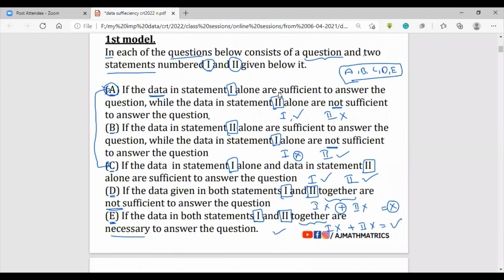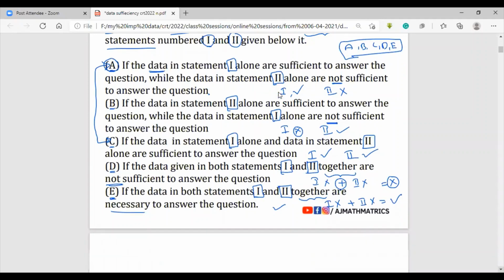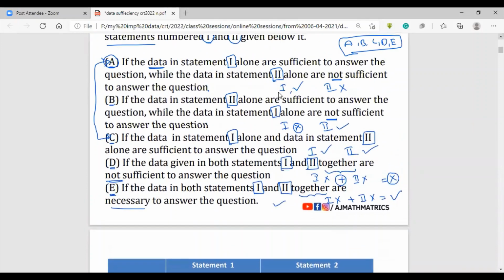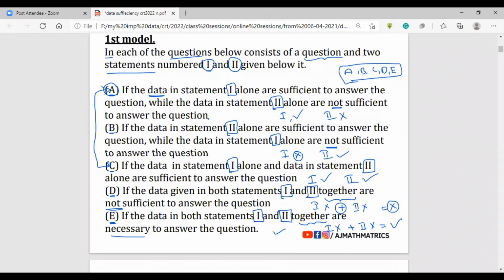So when you pick D, it means 1 alone not sufficient, 2 alone not sufficient, and combined also it is not sufficient. E means 1 alone not sufficient, 2 alone not sufficient, but when you combine the two, it will be sufficient to get the answer. Okay. So be clear, guys. Any confusions in this, just have a look at the screen and read it.